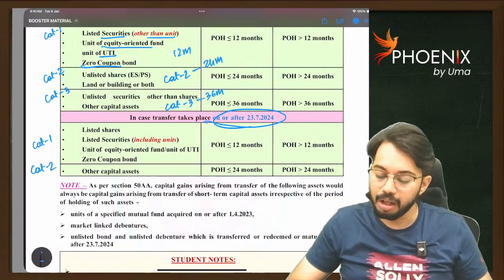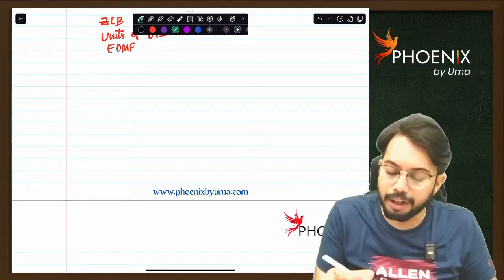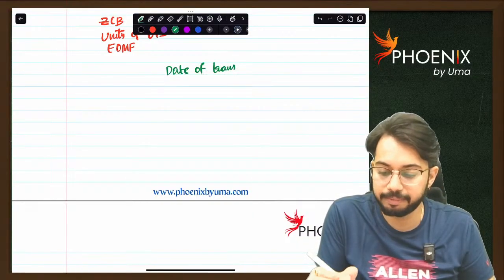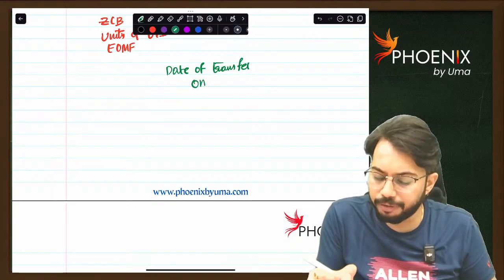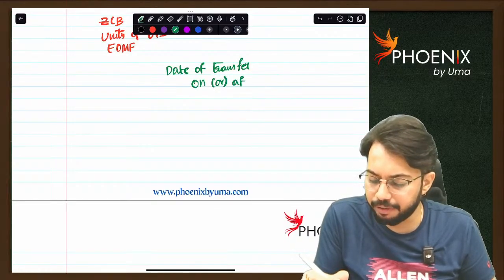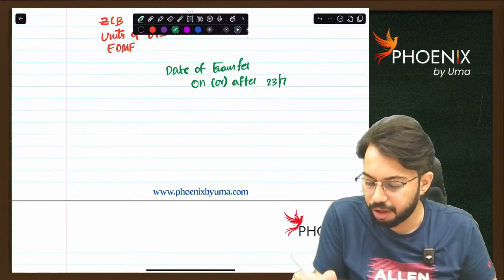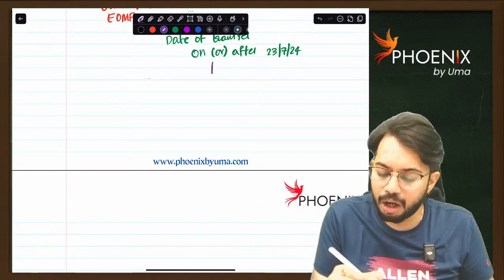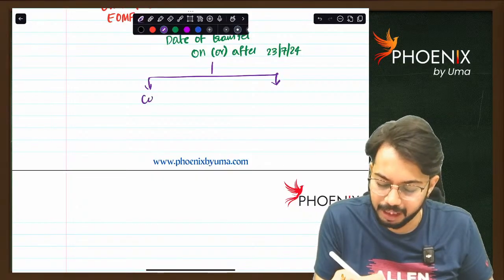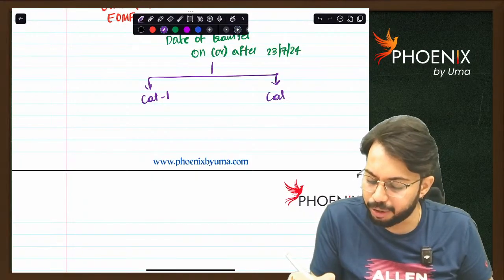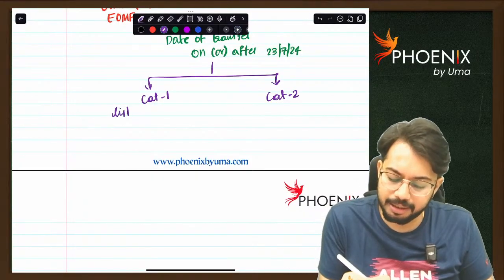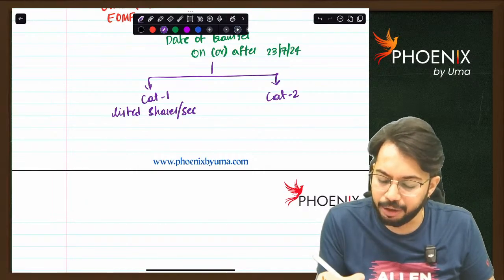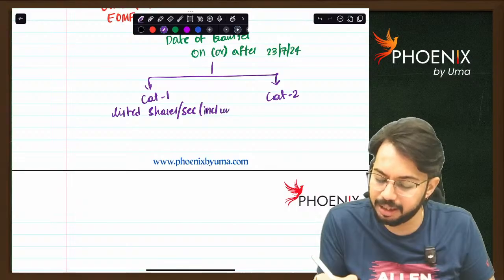Now, sir, date of transfer on or after 23rd July 2024, then there are only two criteria: category 1, category 2. Listed shares or listed securities including units.